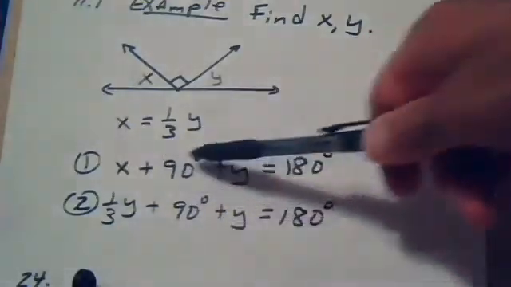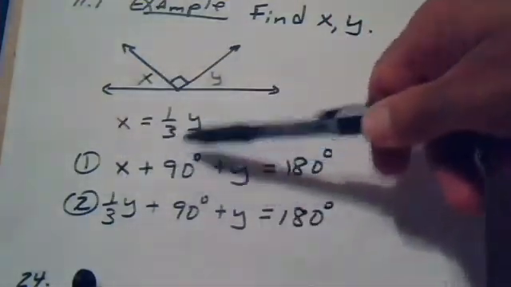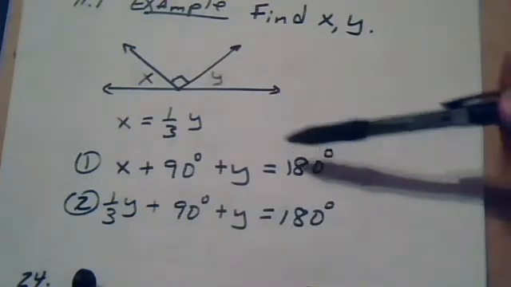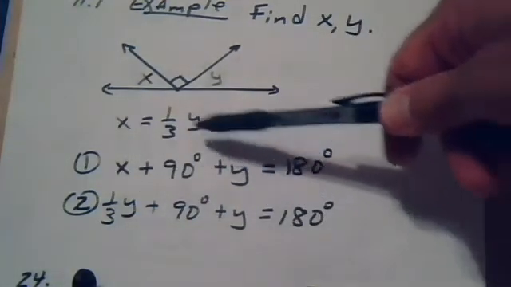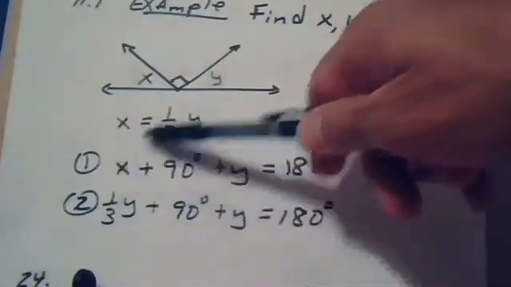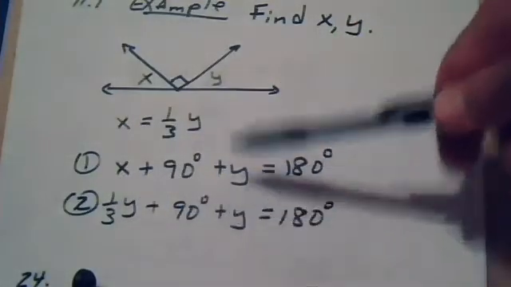So you write the first equation where the sum equals 180: x plus 90 plus y equals 180. And then notice you have x and y, but we're going to substitute x for 1/3 y. And like that, you have one type of variable and you could solve for it.